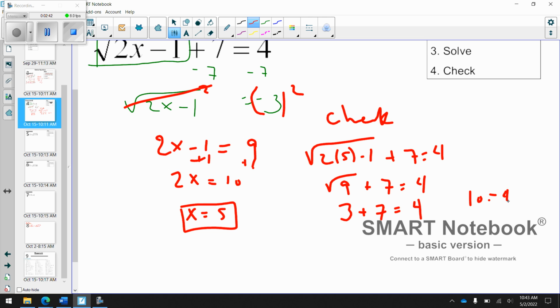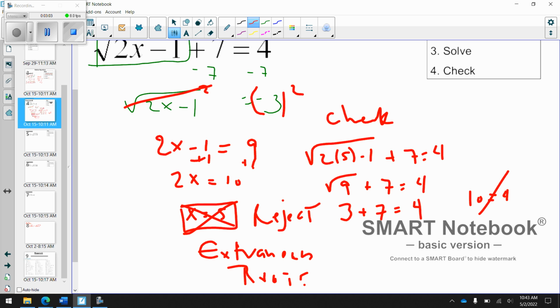If it is, we have a brand new number system, and everything we learned is wrong. If that doesn't work, I reject this answer. Right? I throw it out. It's called an extraneous root. It's an extra root that doesn't work.